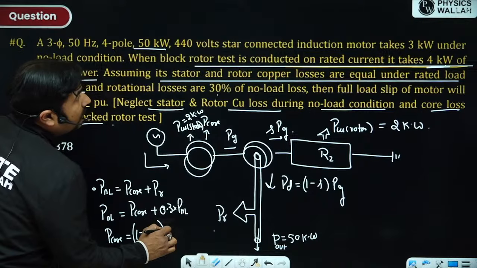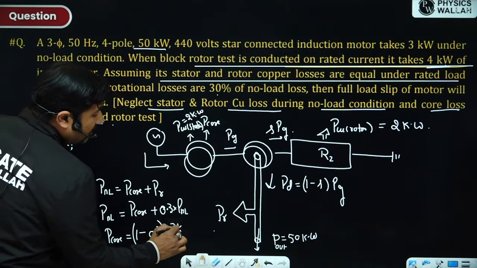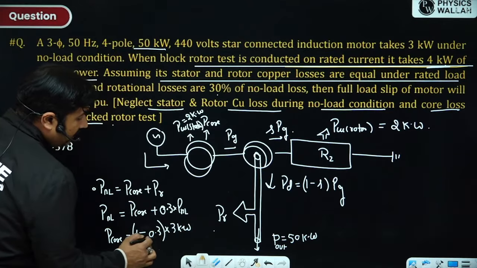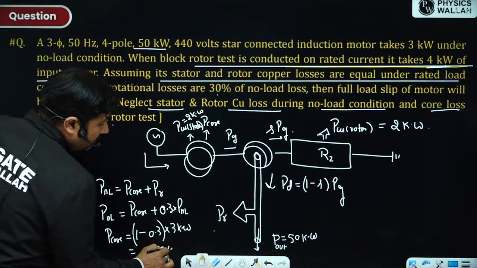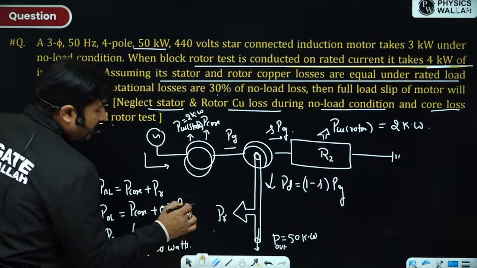The input power under no load condition is 3 kilowatt. So core loss will become 2100 watt.